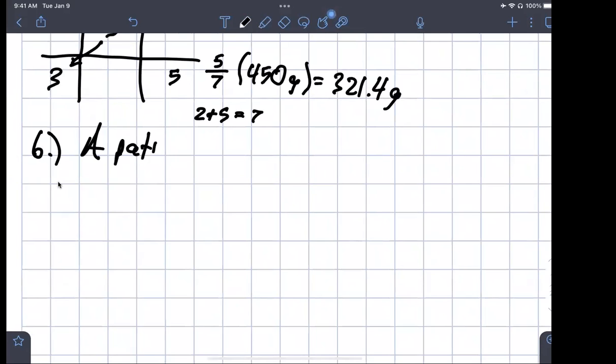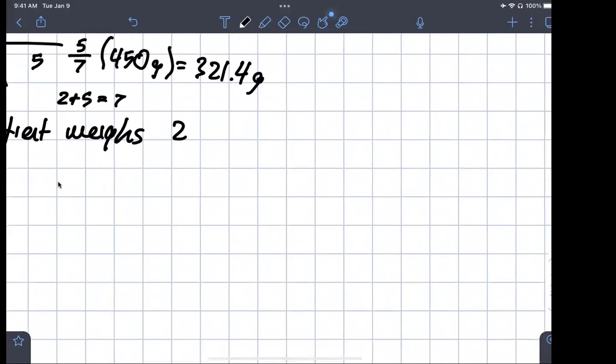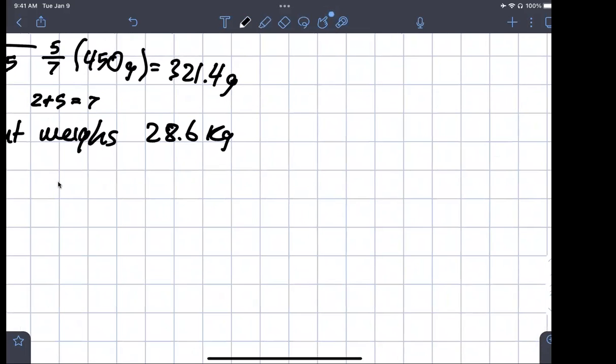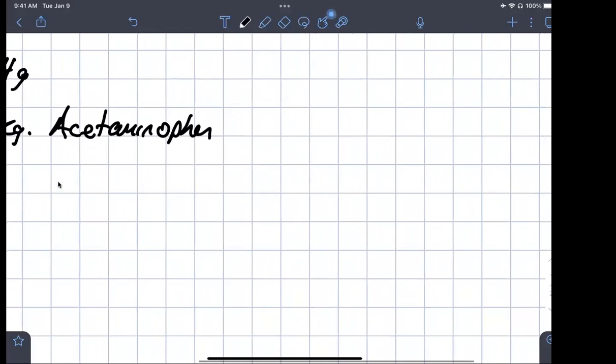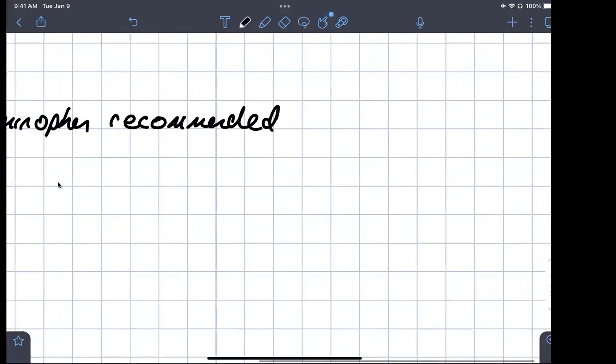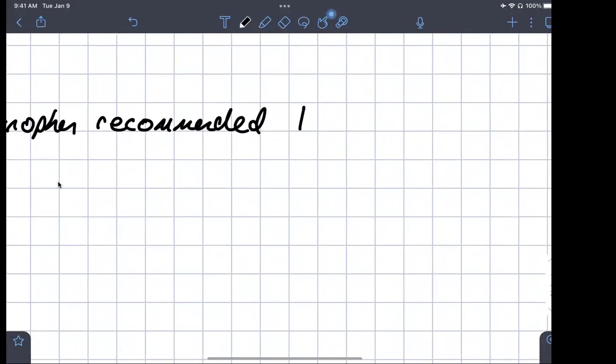A patient weighs 28.6 kilos. And I'm not going to put their height because it's filler info. Acetaminophen is recommended for 10 to 15 mg per kg per day.